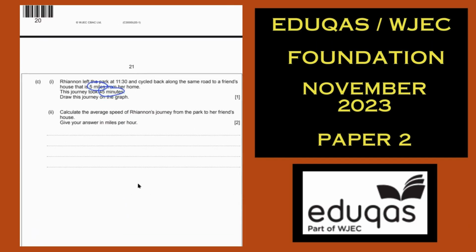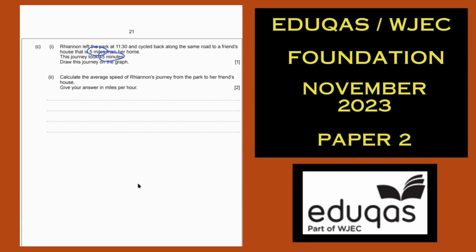Part I. To calculate average speed, you should always be thinking distance, speed, and time. If you want to work out speed, it's distance, which is 10, divided by time.